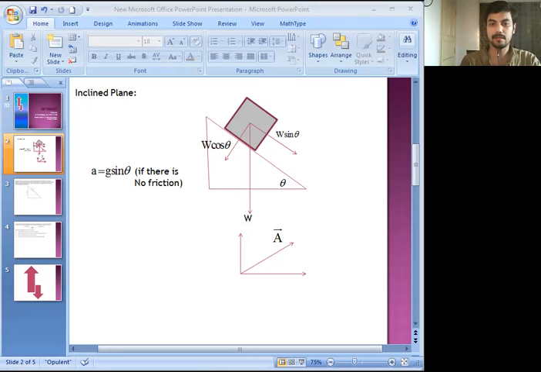Now, let's say that this original vector A is being broken down into its components.